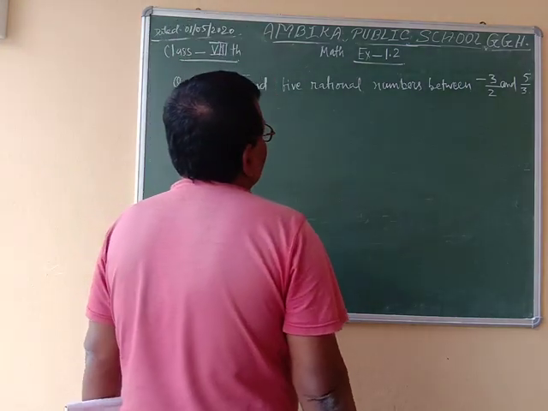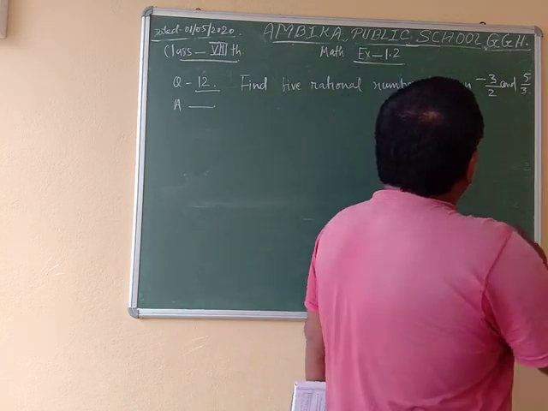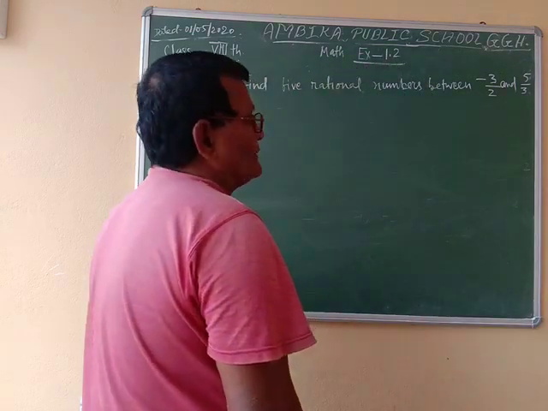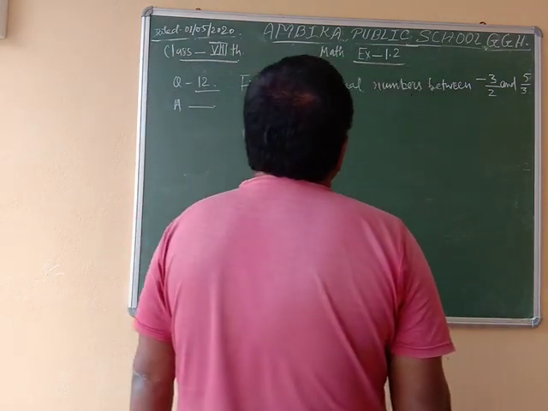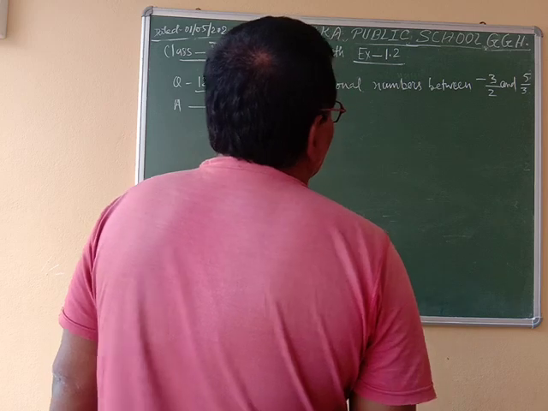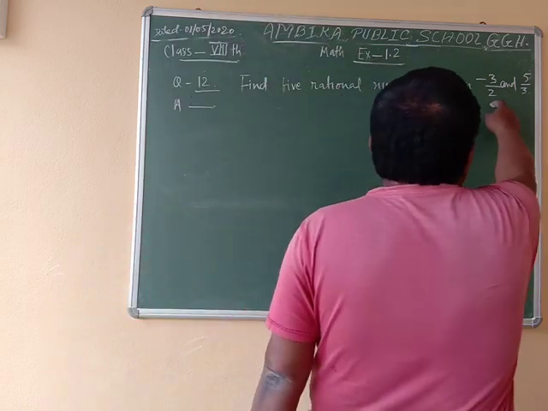To find 5 rational numbers between minus 3 by 2 and 5 by 3, here we see that the denominators of both rational numbers are different. So we make them equal.